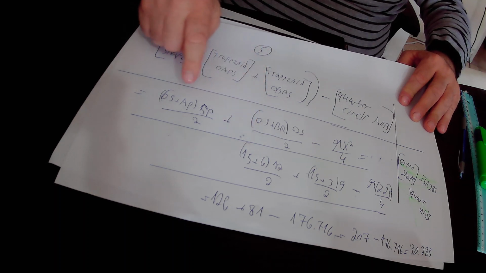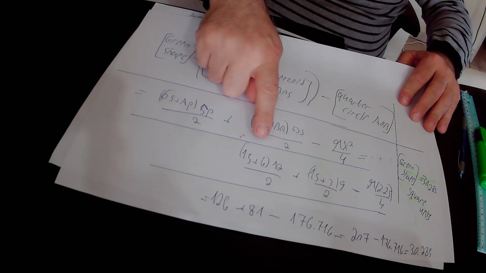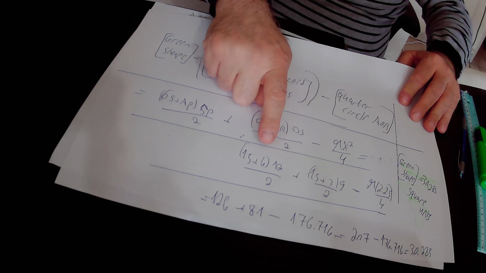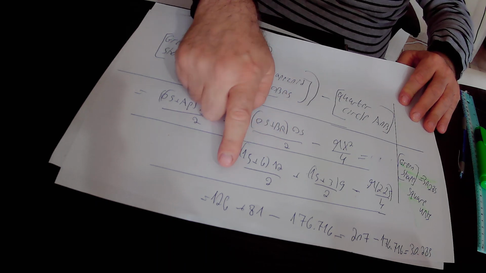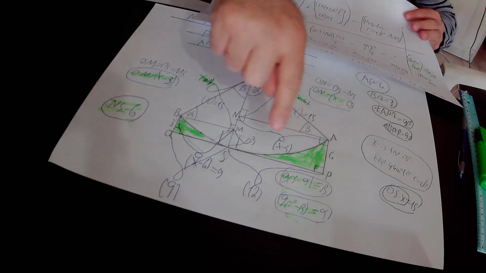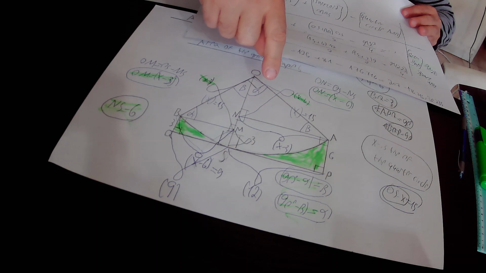OS is 15, AP is 6, SP is 12, divided by 2. 15 plus 6 is 21, times 12 over 2, that is 6, so 21 times 6 is 126. So the area of this trapezoid OAPS equals 126 square units.